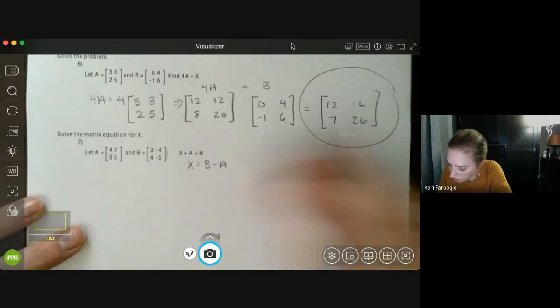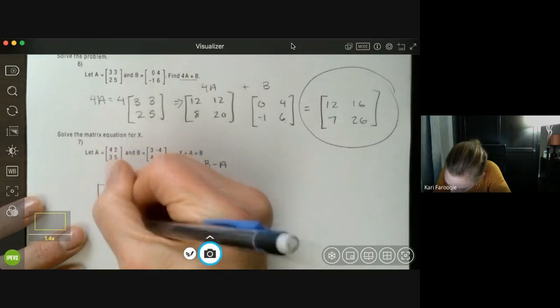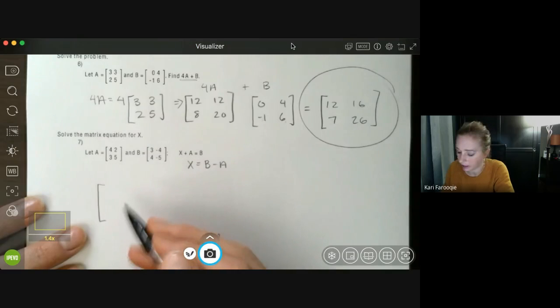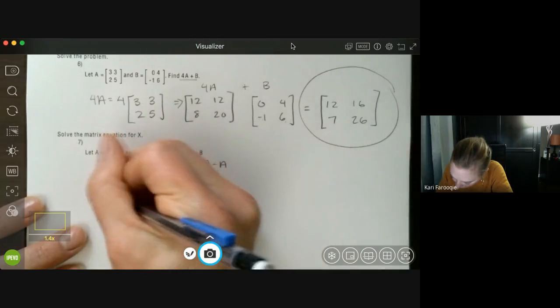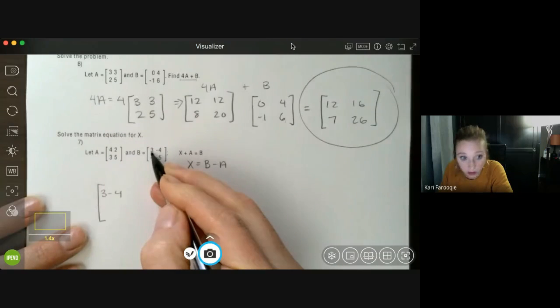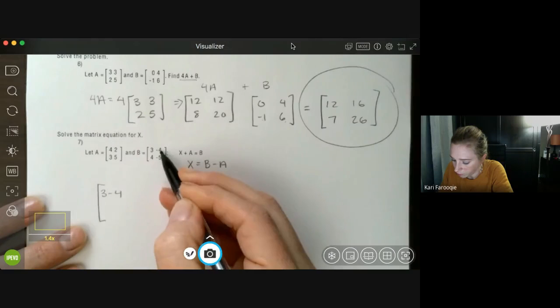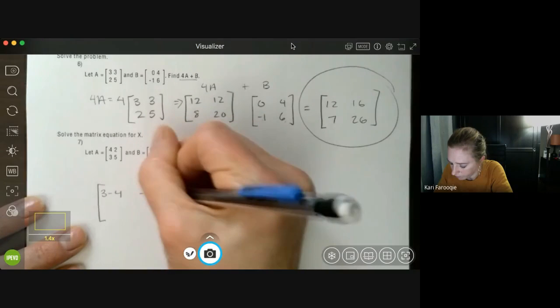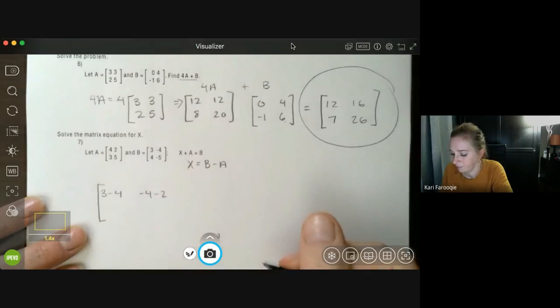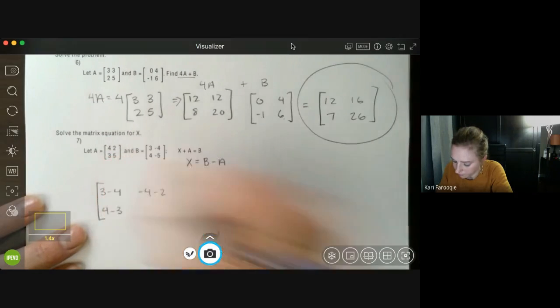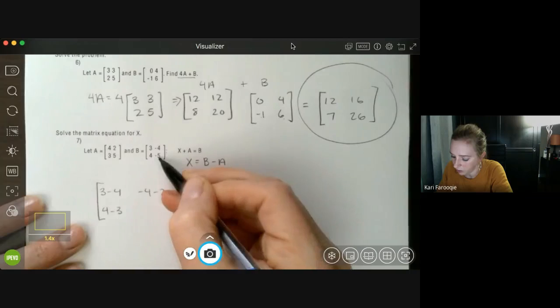So I'm going to take b minus a. So I'm going to take the elements in B and subtract off the elements in A. So 3 minus 4, negative 4 minus 2, 4 minus 3, and negative 5 minus 5.